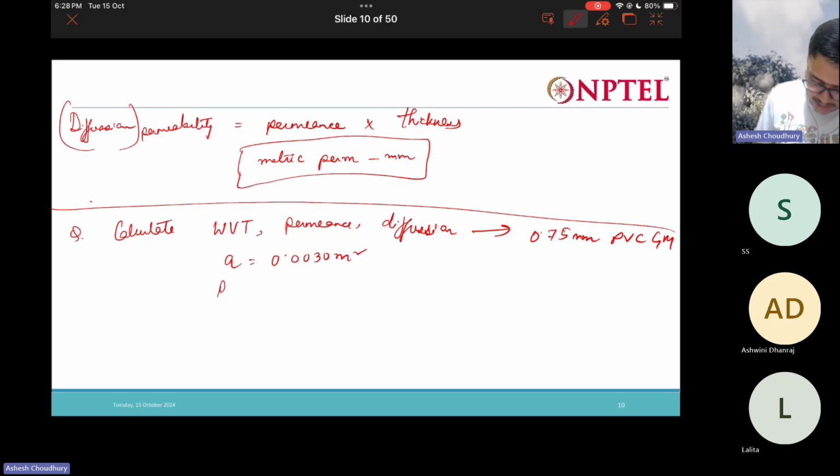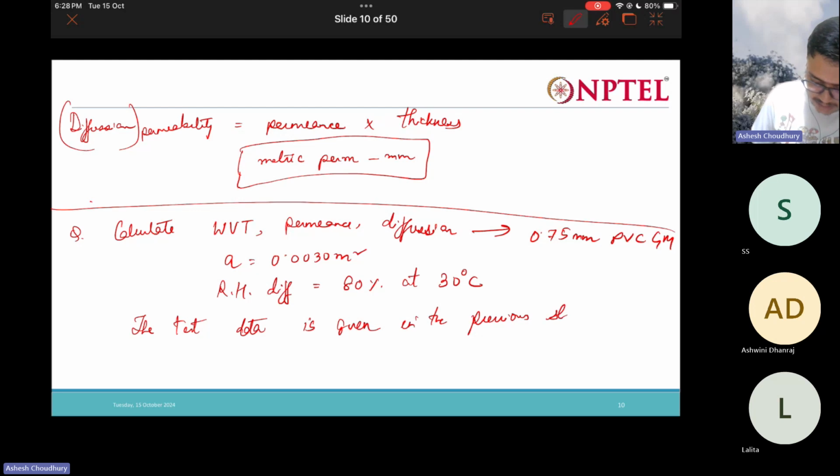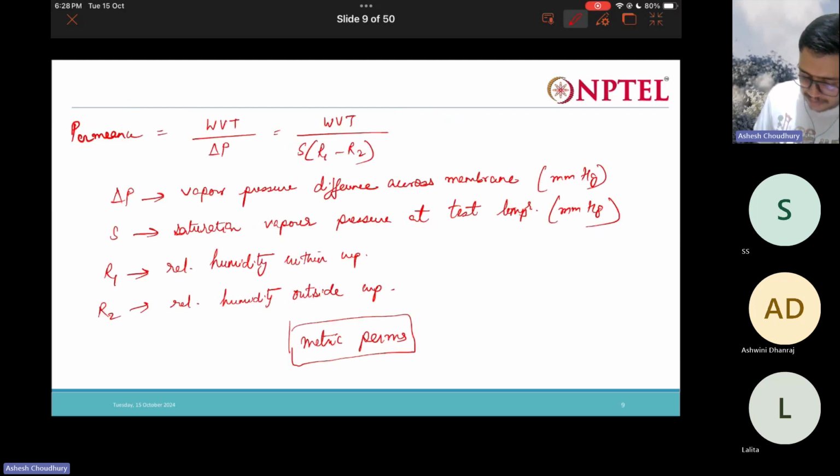The relative humidity difference is 80% at 30 degrees Celsius. The test data is given in the previous slides. So test data is this one.